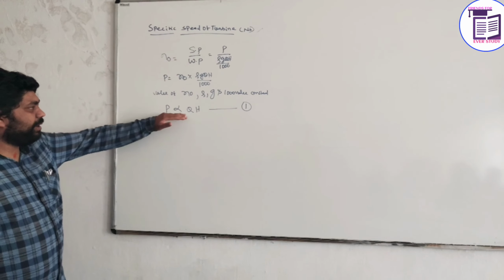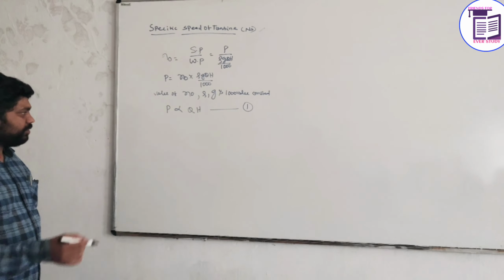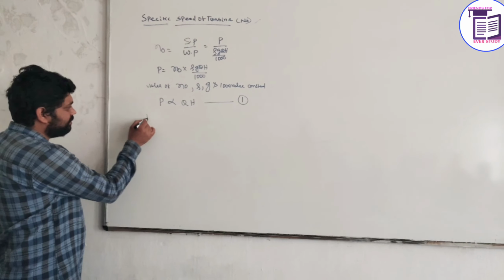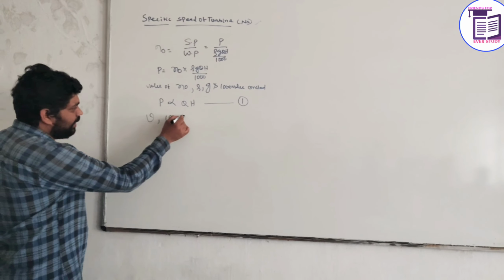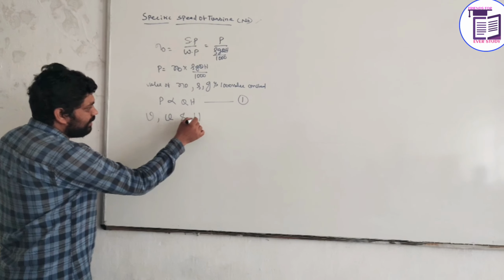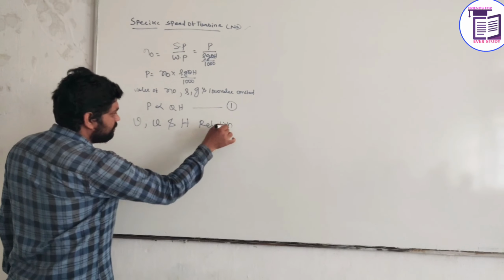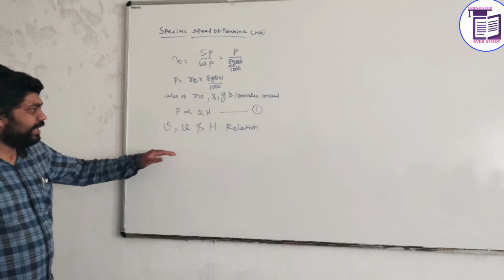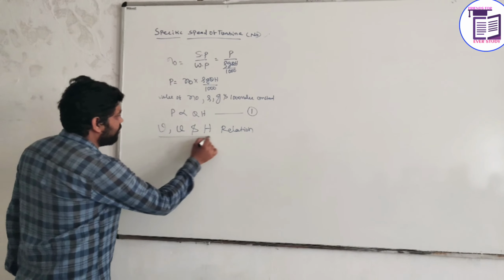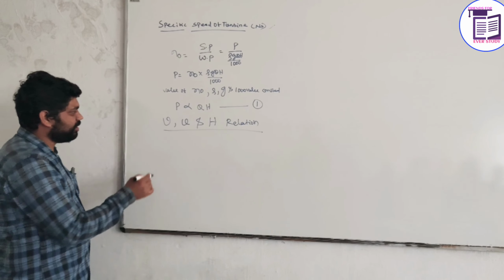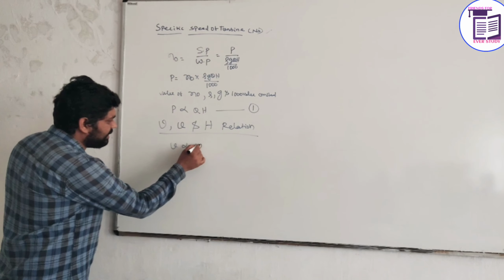So you have to find power, head and revolution. Now let's find the relation with velocity. Considering the absolute velocity V, the tangential velocity U and the head, there is a relation between V, U and H that we have to find. First, the absolute velocity V is directly proportional to the tangential velocity.